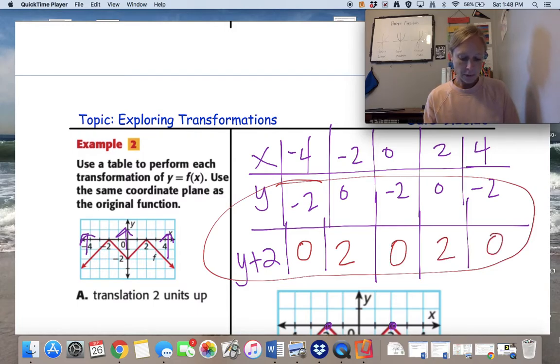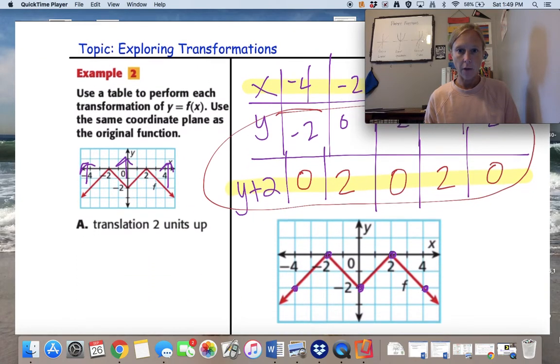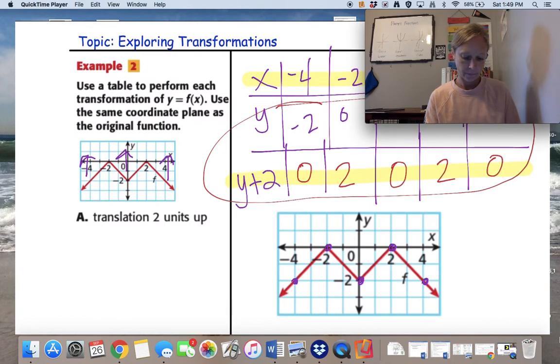Now I'm going to plot my new sets of points. So I'm not changing my x values because I'm not moving horizontally. I am only moving up 2. So I'm going to use these sets of ordered pairs and plot them on my graph. Change colors again.